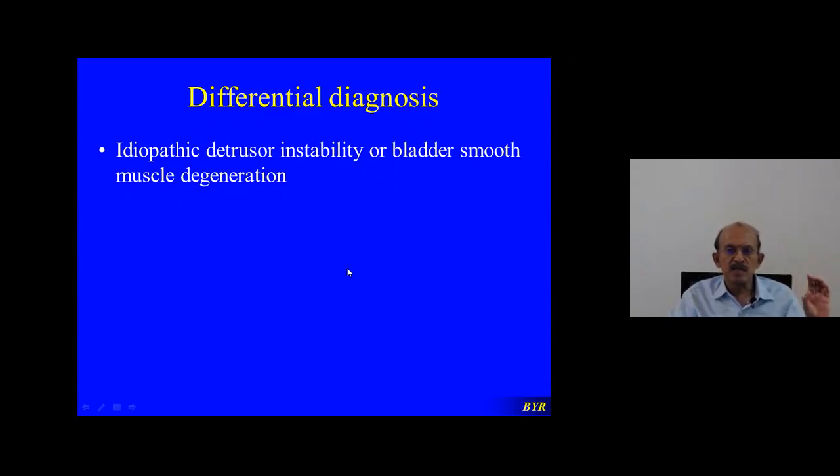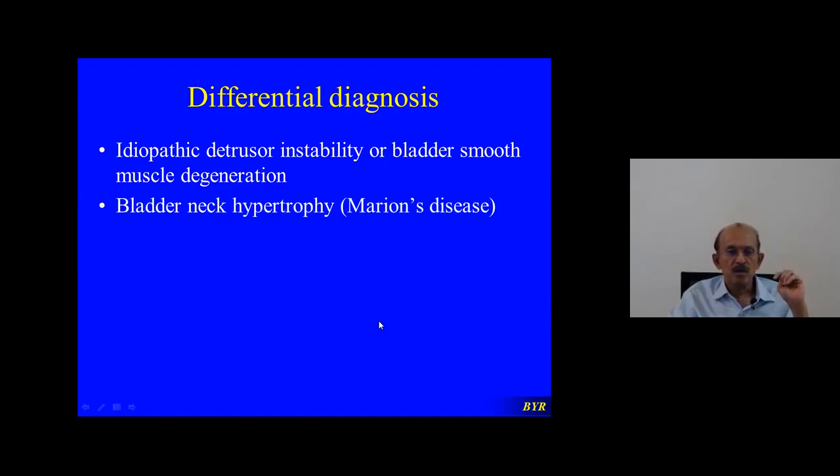Because old age is there, and because there is narrowed stream, you always feel that it is due to BPH. But it may not be due to BPH, it may be due to detrusor instability. You must identify this condition before you plan to do surgery for BPH.